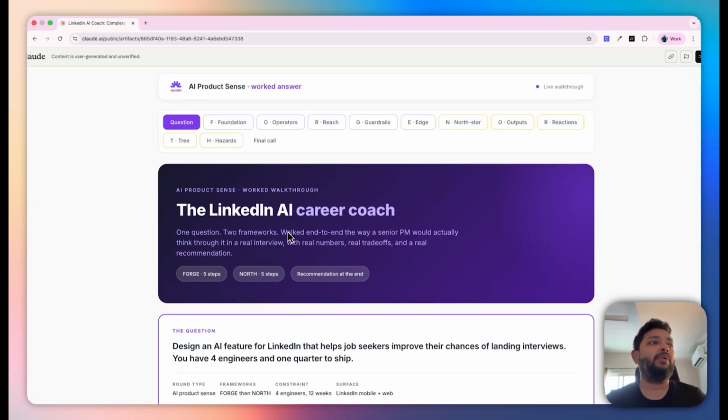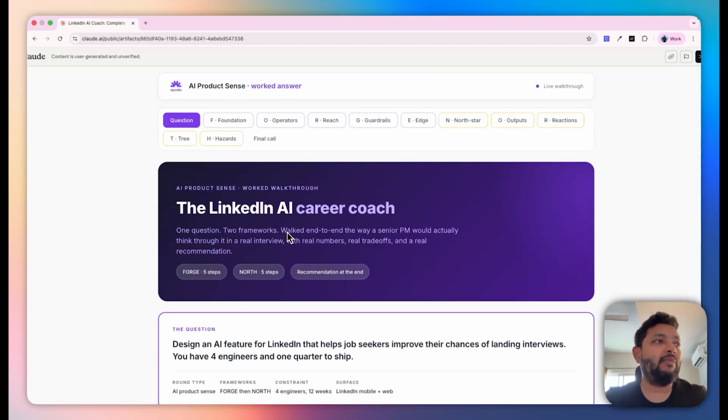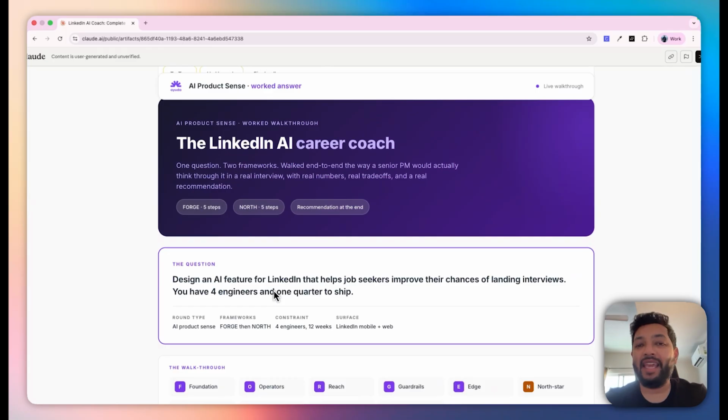The example that we're going to take is very simple. We're going to take an example of designing an AI feature for LinkedIn that helps job seekers improve their chances of landing interviews, right? You have 4 engineers and 1 quarter to ship. So there are two very important things that you have to understand in AI product sense questions. One is that the feature you are asked to design will always be an AI native feature. You will not be asked to design a standard feature like in any other question.